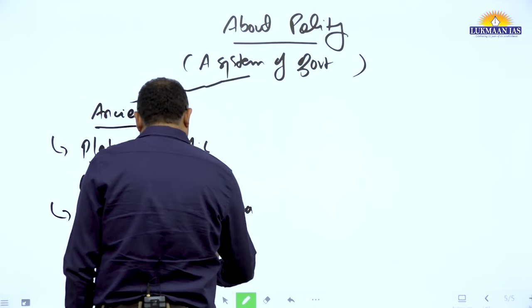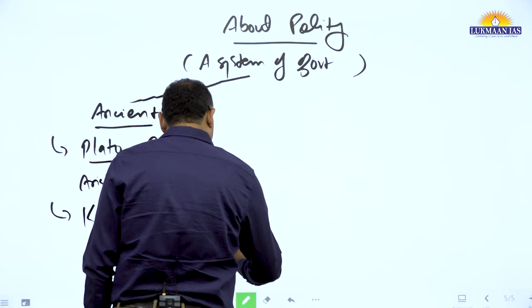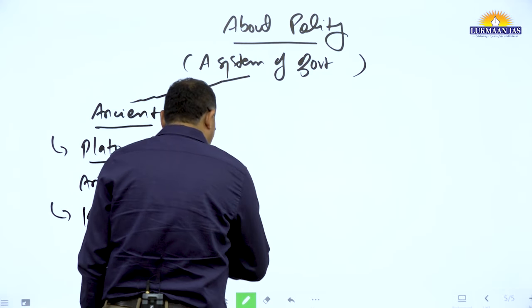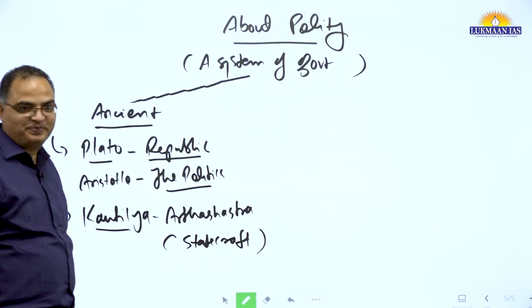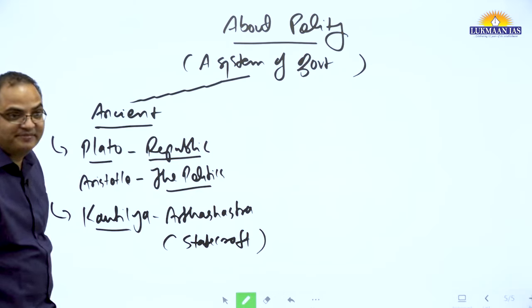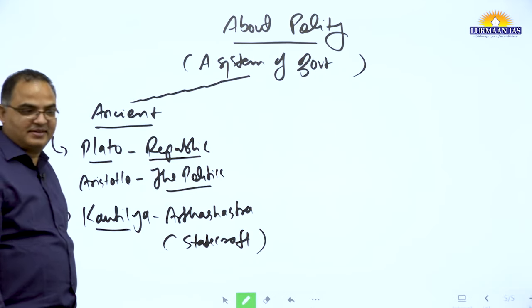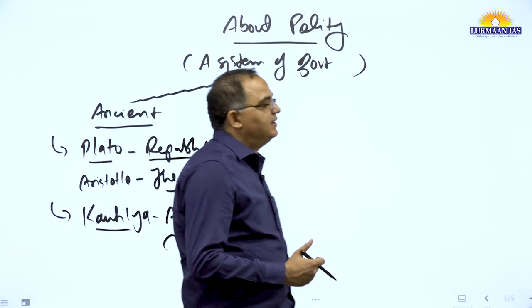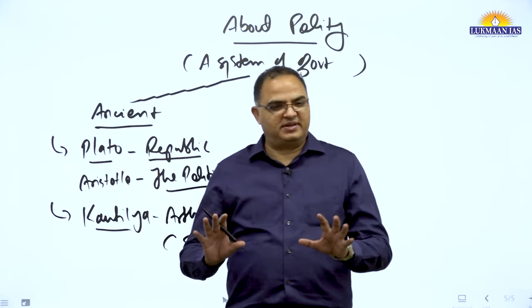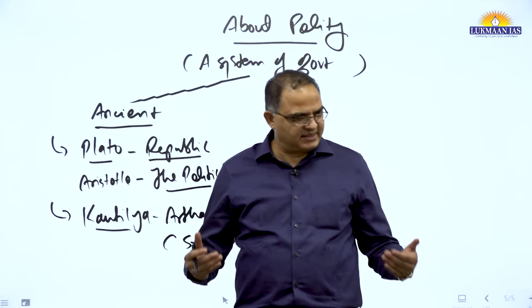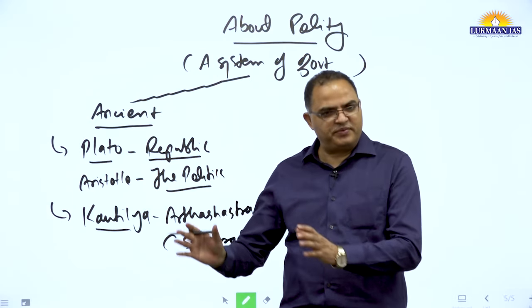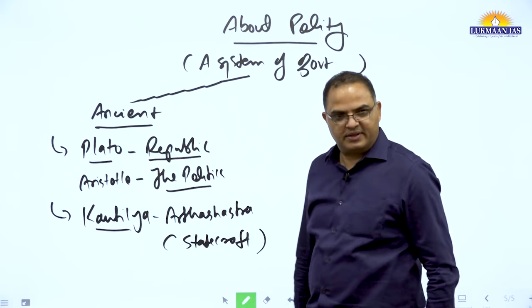So क्या बोलते हैं? Statecraft. And statecraft is about system of governance. Right? So there were people who talked about polity, which we do not want to know much at this stage. Gradually we will know when we'll further proceed in our topics.